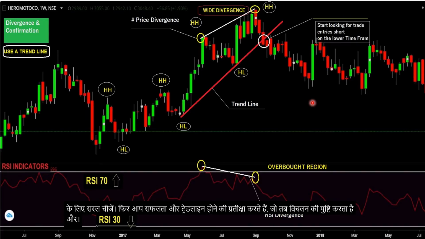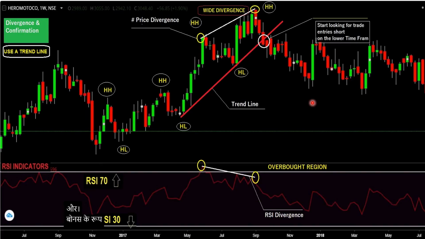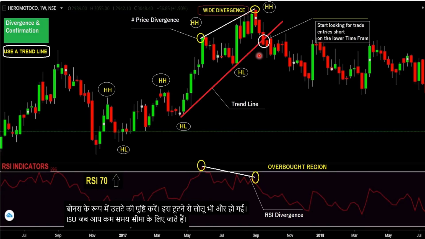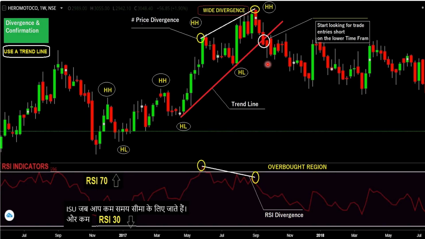As a bonus, this breakdown also made a lower low, and this is the point when you go to the lower time frame and start looking for short entries. You can use the same concept for tight divergence also.